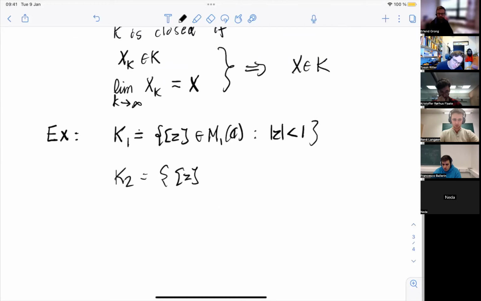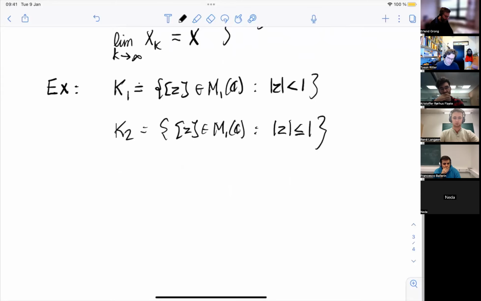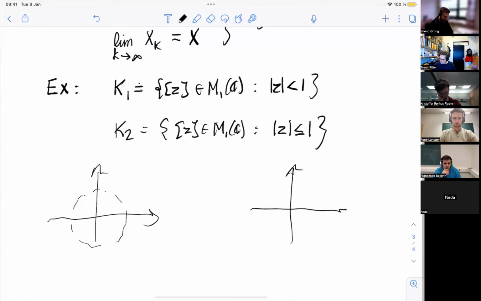So one set needs to be less than 1, and the other set can be less or equal to 1. So the first set will then be this set without the boundary. And the second set, K2, will be with the boundary.